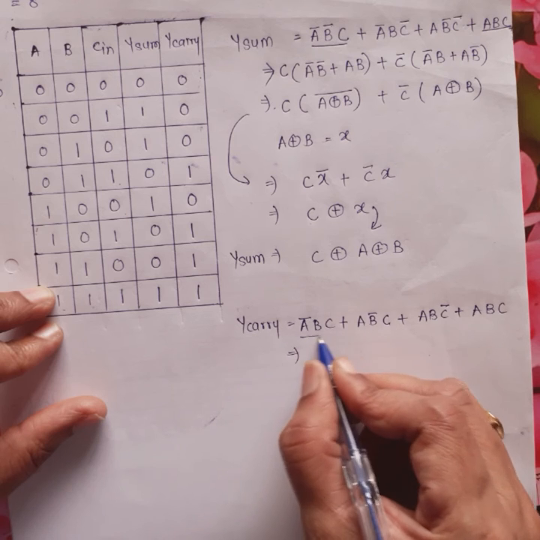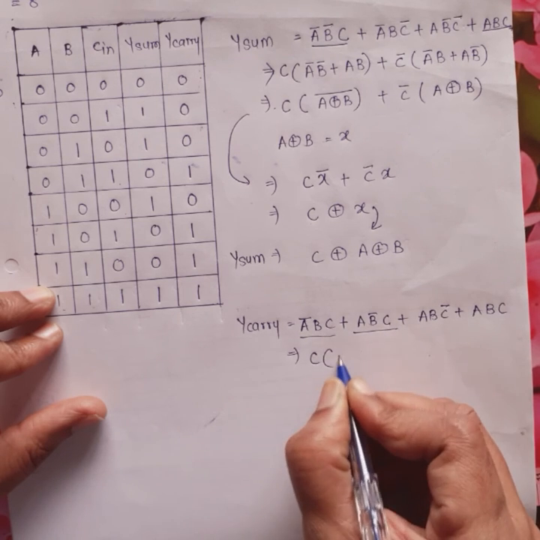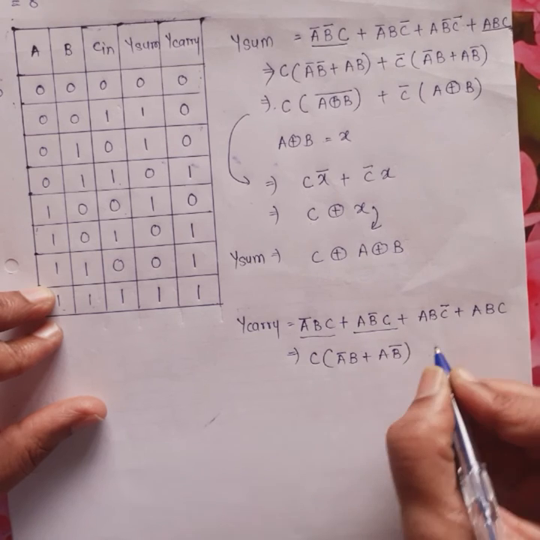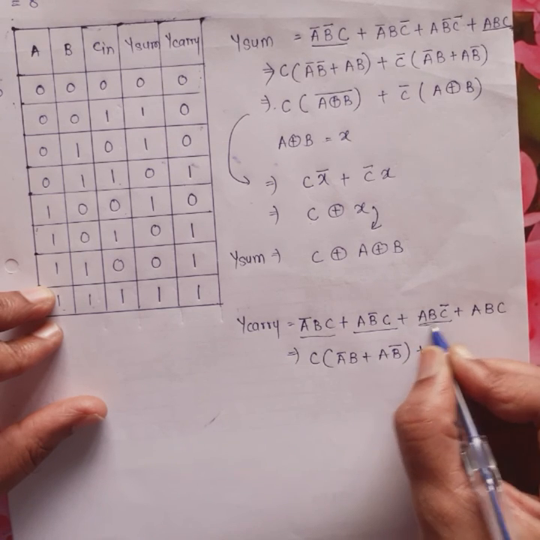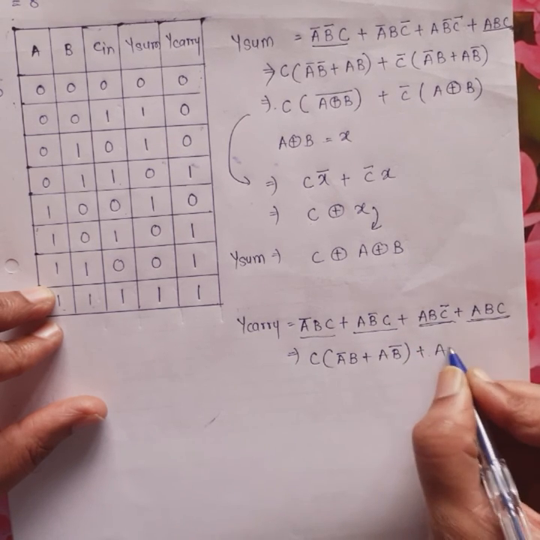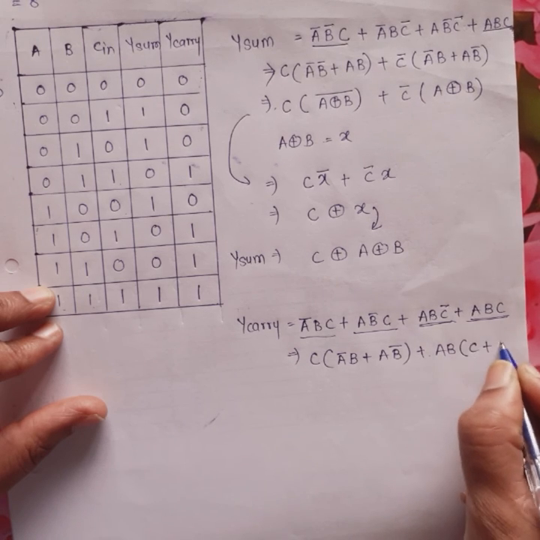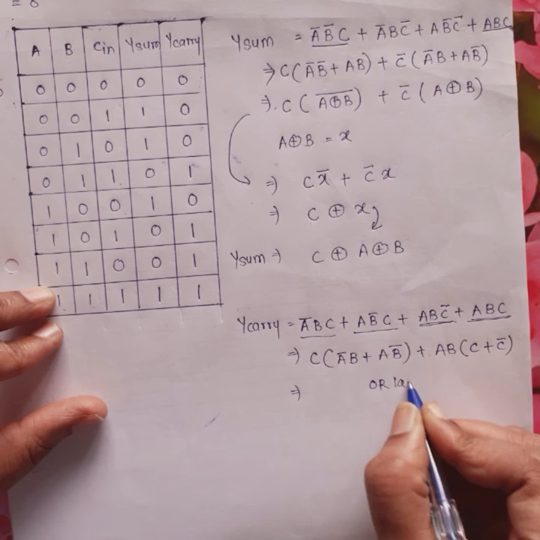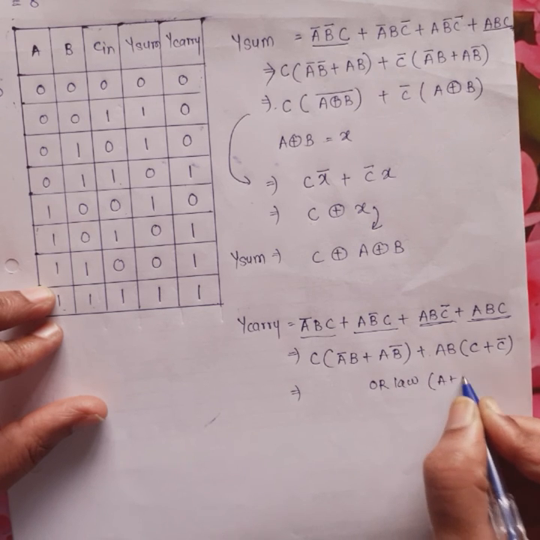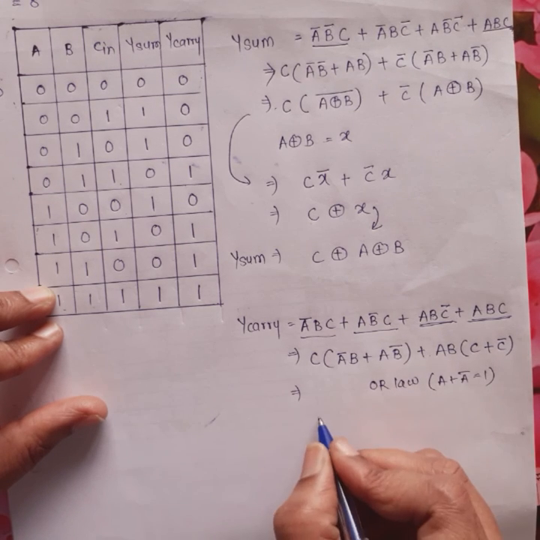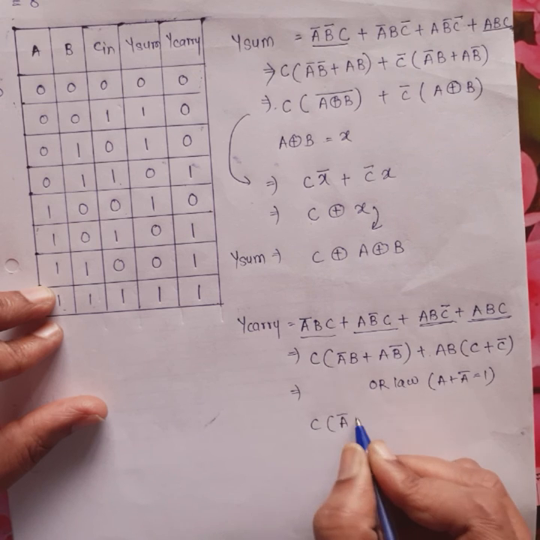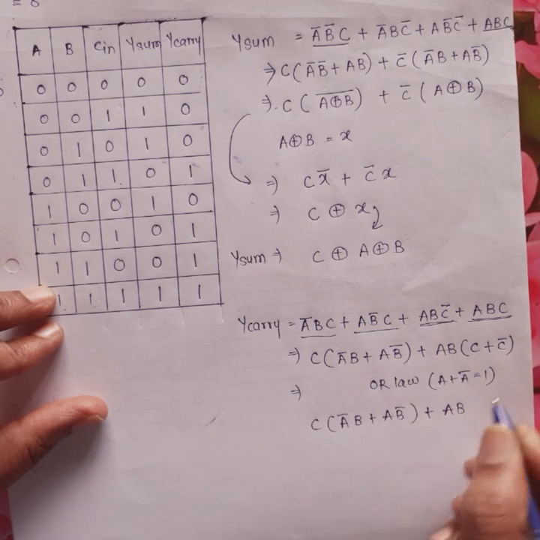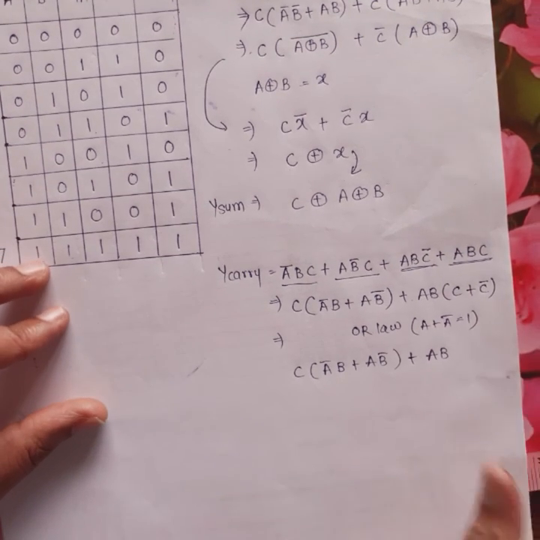Now from these first two terms, we will have C common: C times, in brackets, A bar B plus AB bar. Plus, from these last two terms, we have AB in common, leaving, in brackets, C plus C bar. By applying the OR law, which says A plus A bar is 1, C plus C bar is replaced by 1.